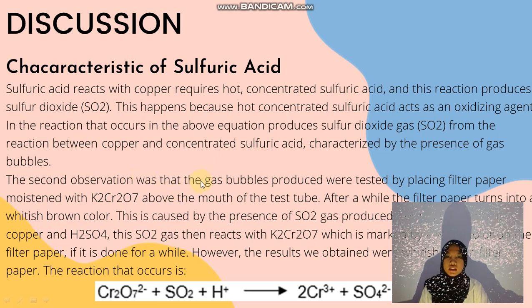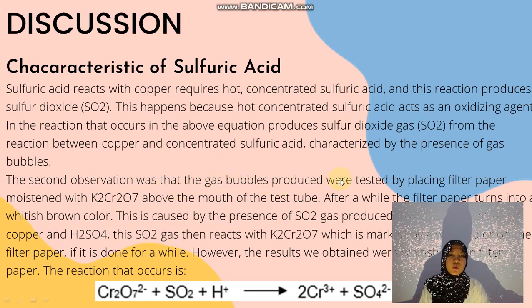The second observation was that the gas bubbles produced were tested by placing filter paper moistened with H2Cr2O7 above the mouth of the test tube. After a while, the filter paper turns a whitish brown color. This is caused by the presence of SO2 gas produced from the reaction of copper and H2SO4.